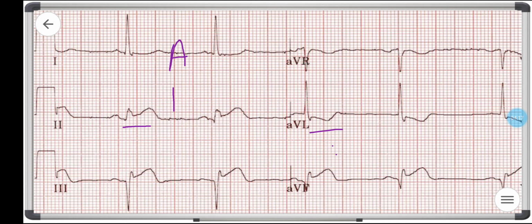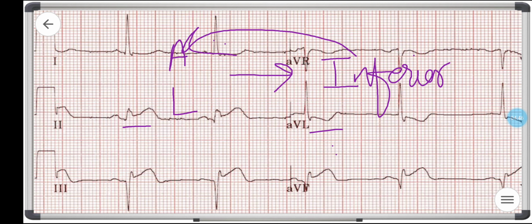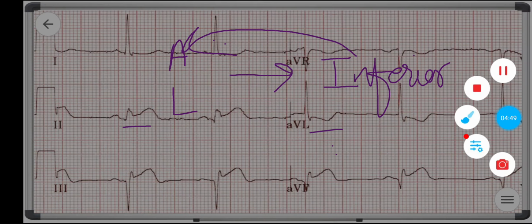As far as the inferior wall and the lateral wall MI are concerned, you can see these reciprocal changes, these depressions and T inversions, in the opposite leads. In the inferior wall MI, you're going to see these reciprocal ST depressions in the anterior leads.